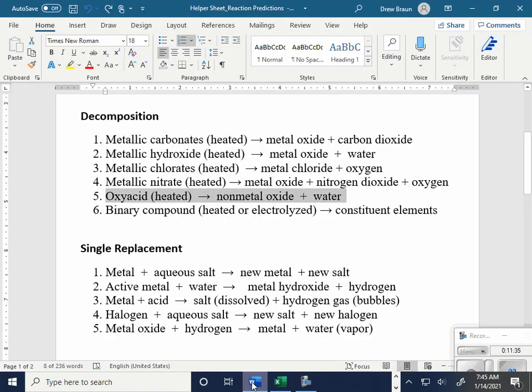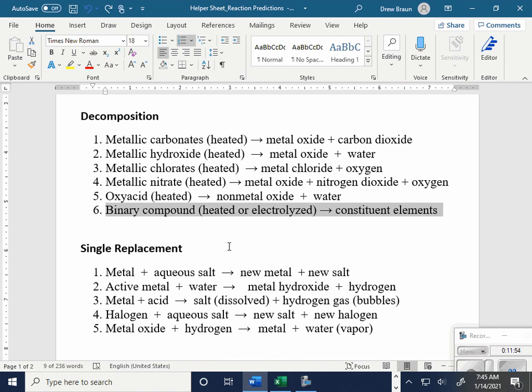Now, as I come back, I get highlighted my right one. Binary compound, when it is heated or electrolyzed, will give me constituent elements.